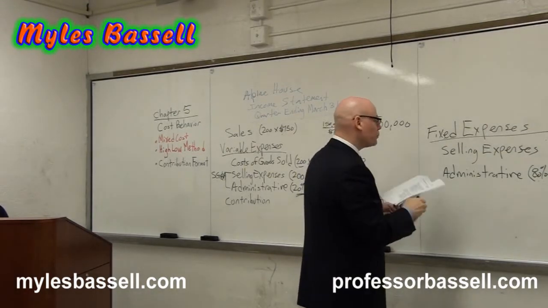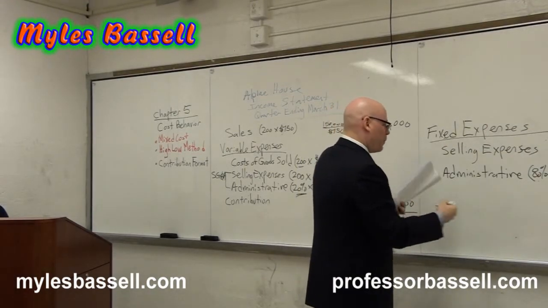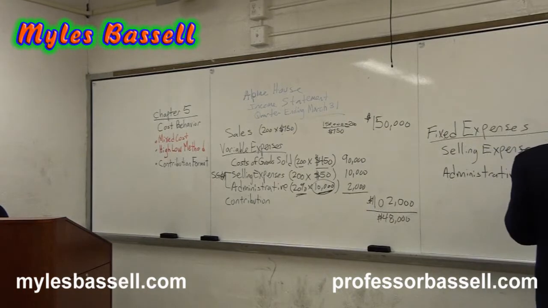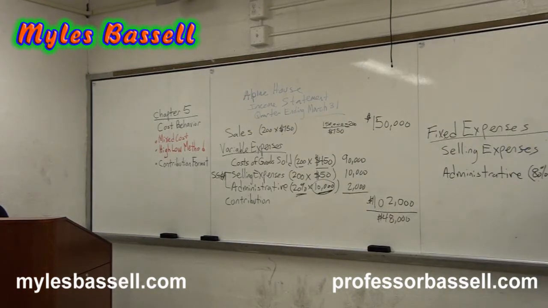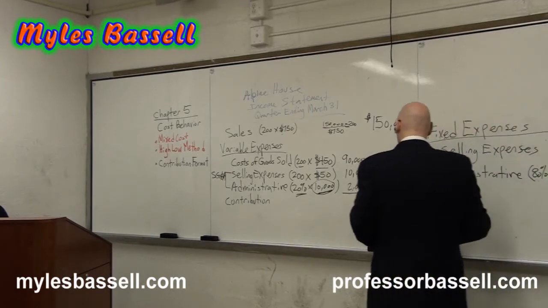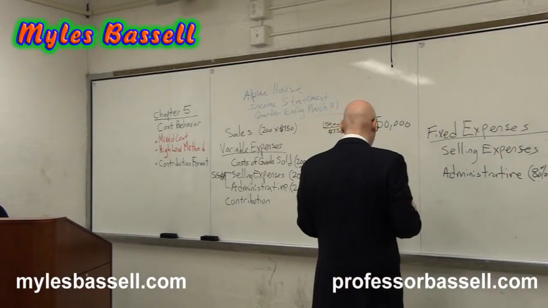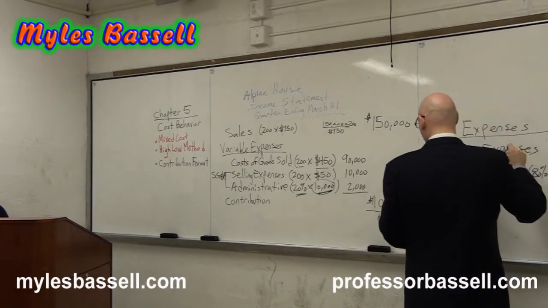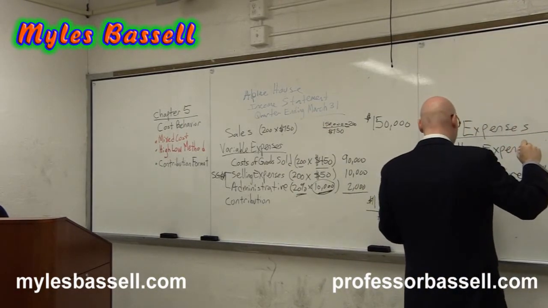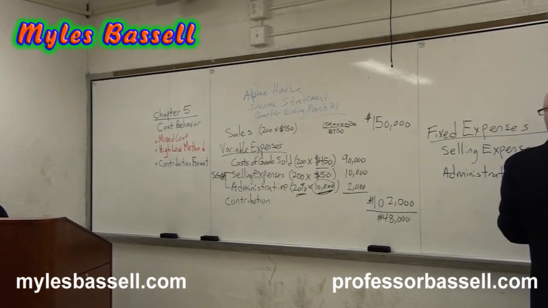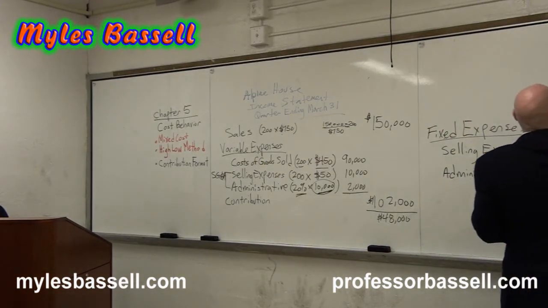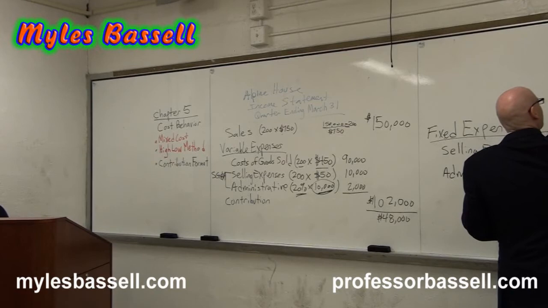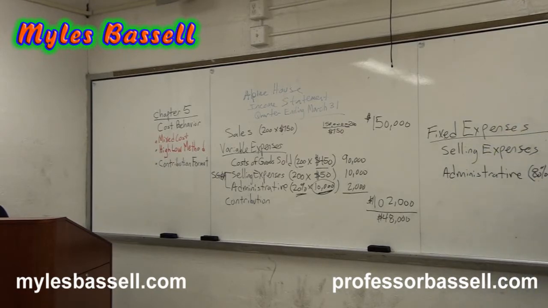All right, so fixed expenses are $28,000. And what do we get here? 48,000. Let's bring this up here. Sales, 150,000.